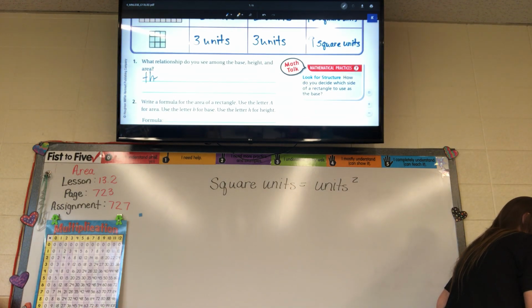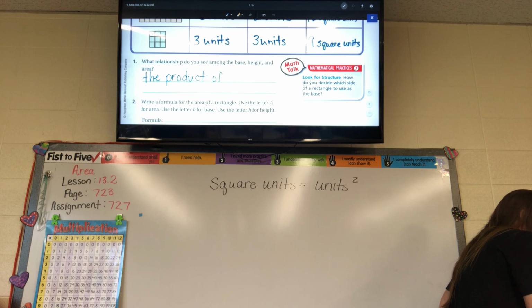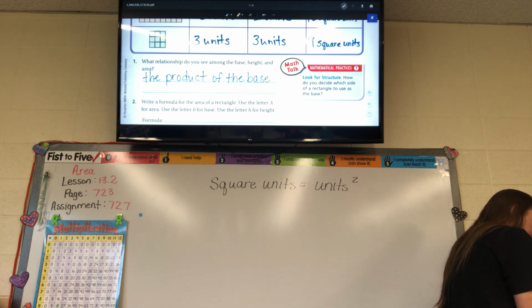The product of the base and height is equal to the area. Let me make sure that's showing up.